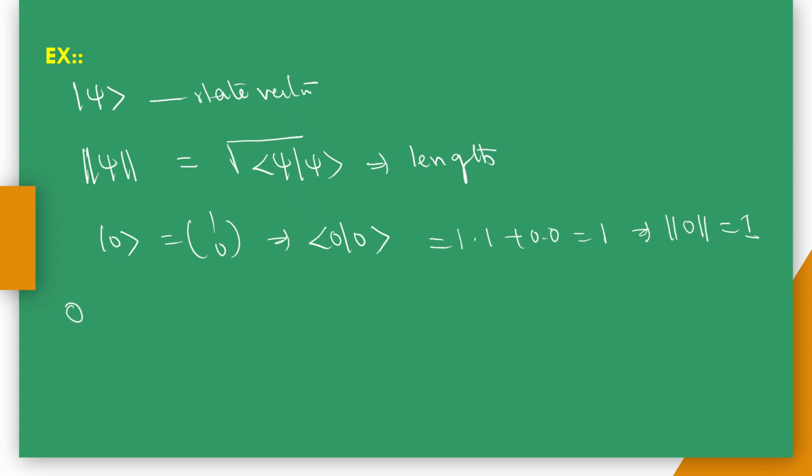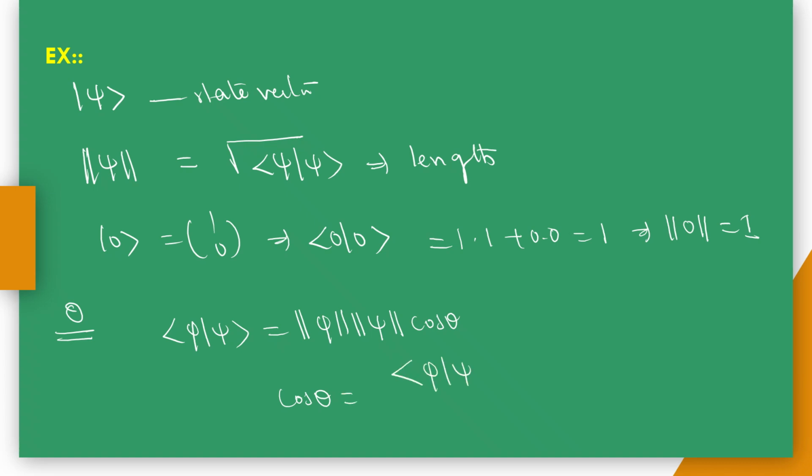And how can we measure the angle between these two? As discussed in the previous case, the inner product of phi and psi is the norm of phi times the norm of psi times cos theta. Here cos theta is equivalent to the inner product of phi and psi divided by the norm of phi and the norm of psi. In this way, we can check similarity between two states.